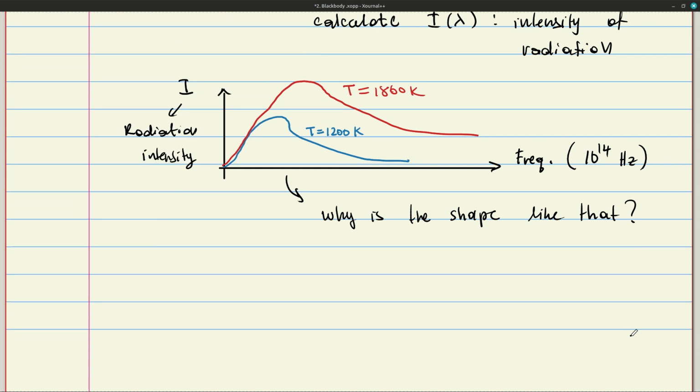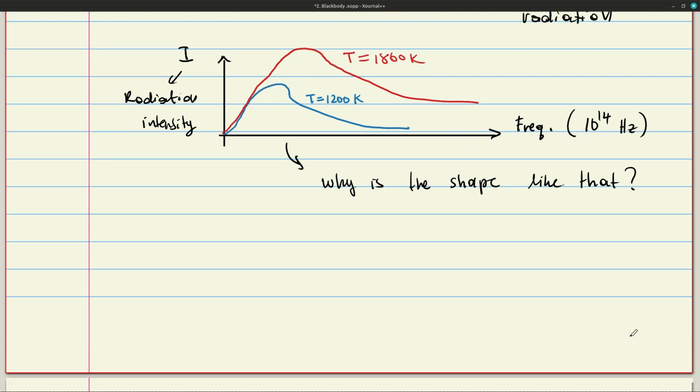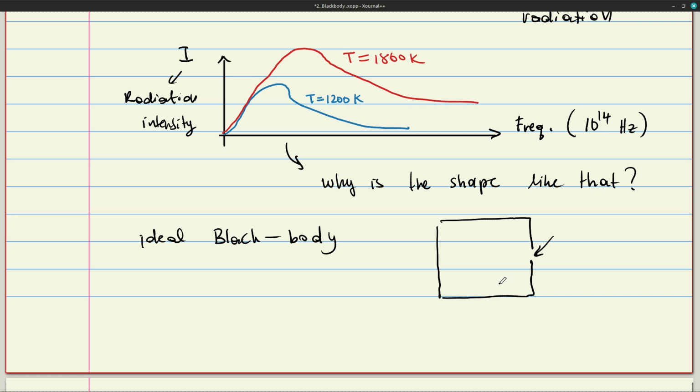And now to explain that, we have to make a couple of assumptions. So we first consider an ideal blackbody. An ideal blackbody, you can think of as a closed box, and you can send light in only through a tiny hole, and you can observe light from the tiny hole.